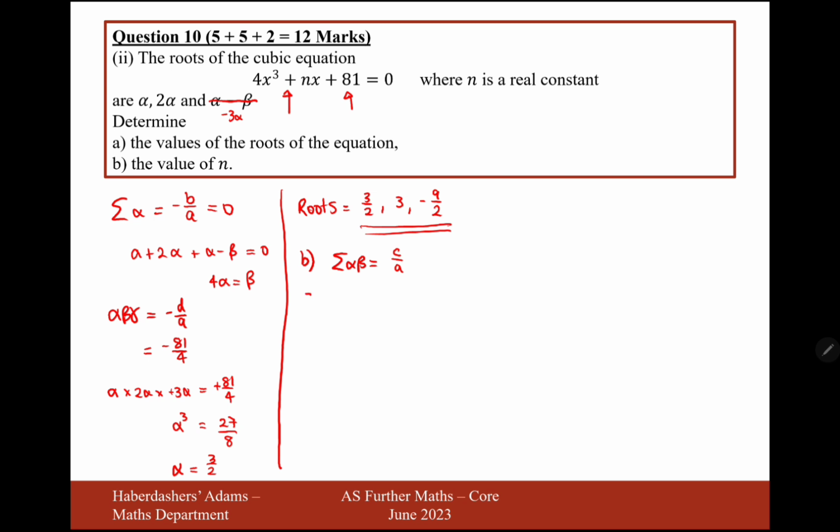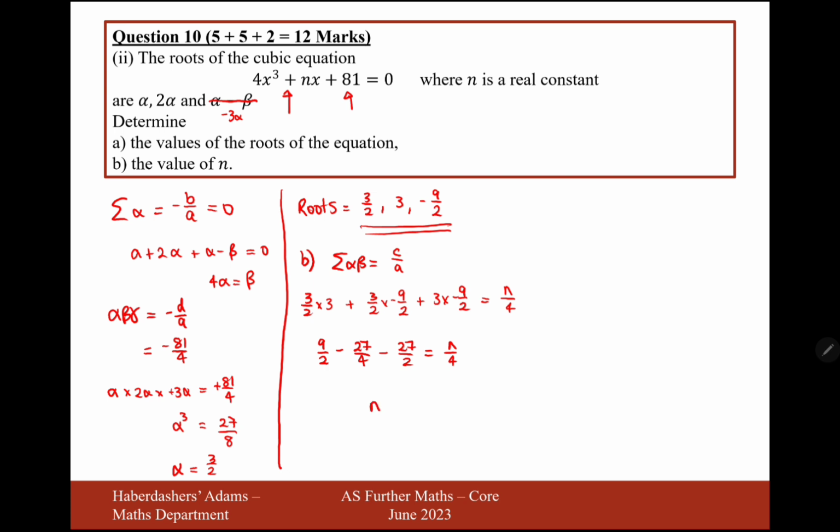And now if we multiply all of these together in their different combinations, this equals n over 4, because it's c over a, and we get 9 over 2 minus 27 over 4 minus 27 over 2 equals n over 4.